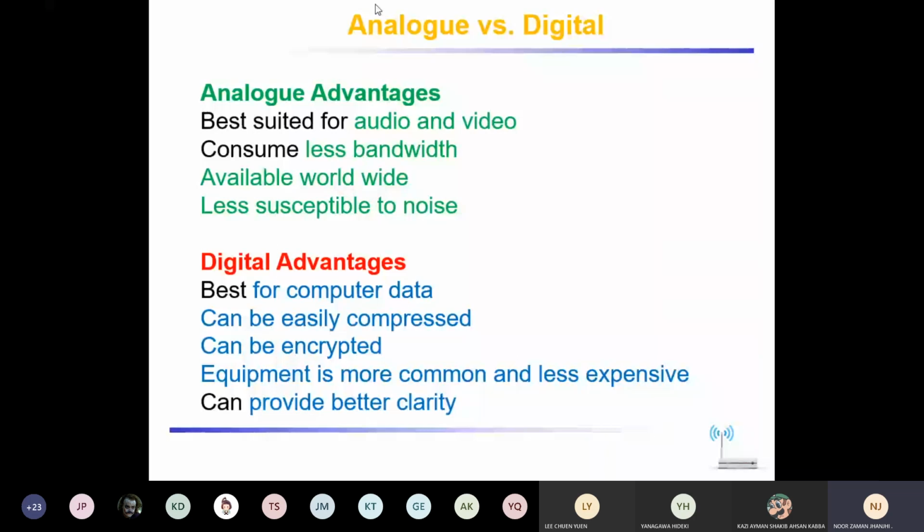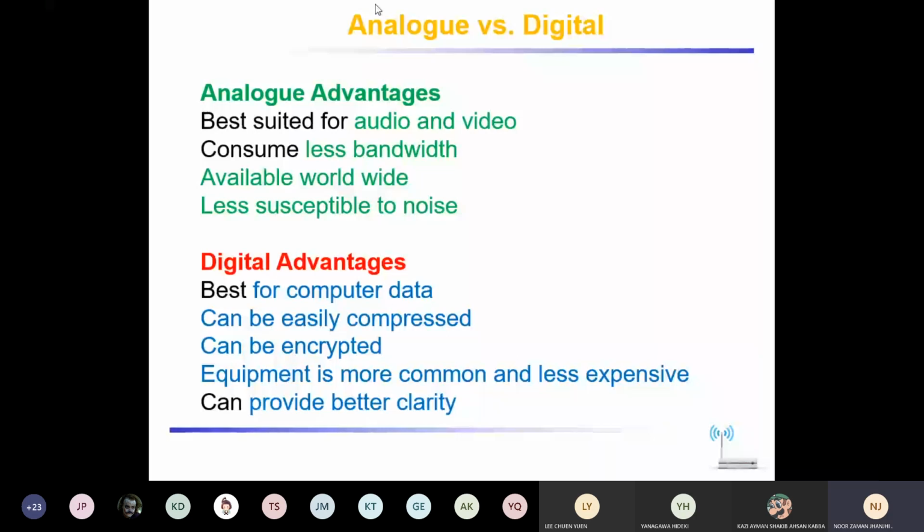They consume very little bandwidth, are available worldwide, and are less damaged by noise. Suppose we are talking and there is a lot of noise around, we are still able to receive and understand the signals. This is the most important point. There is interference, but less compared to digital.